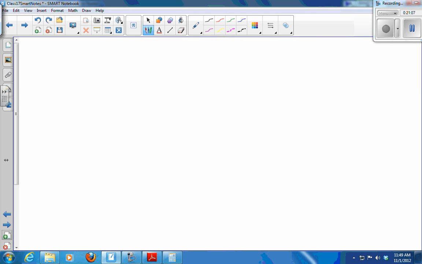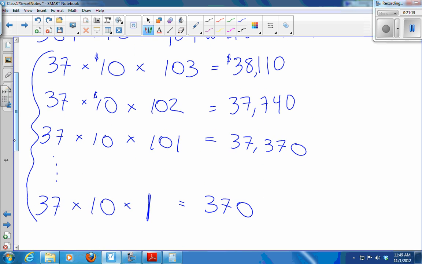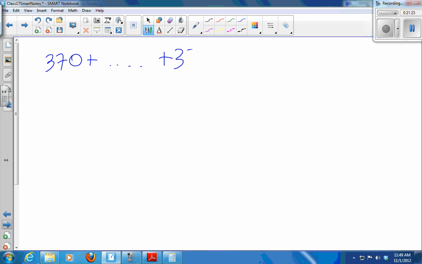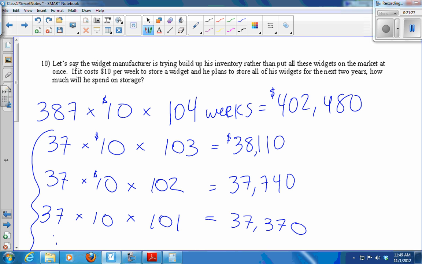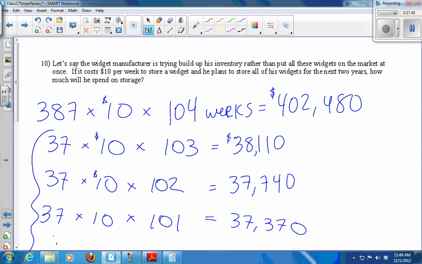So let's see, my long list of numbers is going to be 370 plus blah, blah, blah, and then my last numbers are 37,370 plus 37,740 plus 38,110.